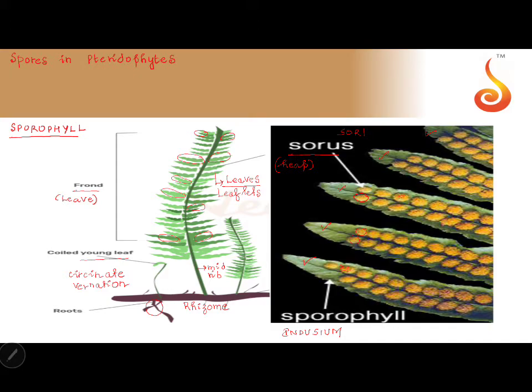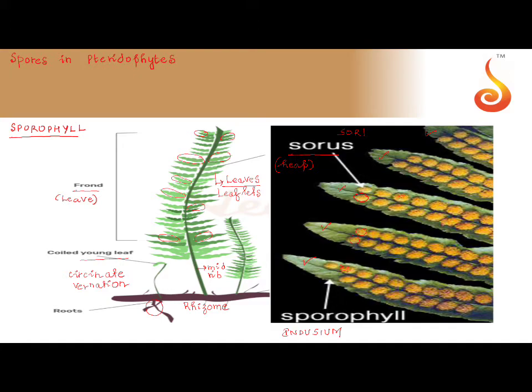But not every leaf has sori and spores in sori covered with indusium. What are the leaves which will produce spores? Sporophylls. So I told you few genera of pteridophytes in the previous concept which are heterosporous.